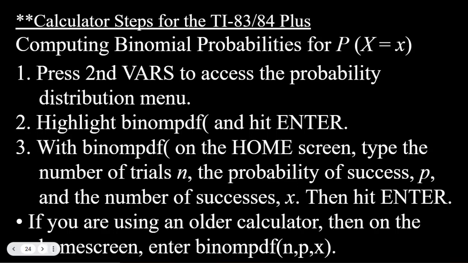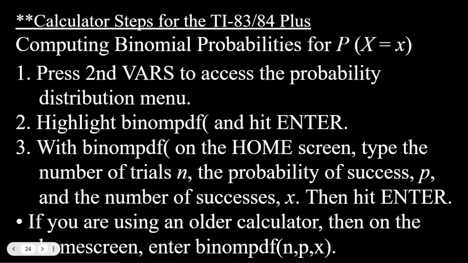Number three, with that on our home screen, we're going to type in these values. We have to type in the number of trials, the probability of success, which is p, and the number of successes that we're looking for our probability, which is the lowercase x. Then we're going to hit enter.